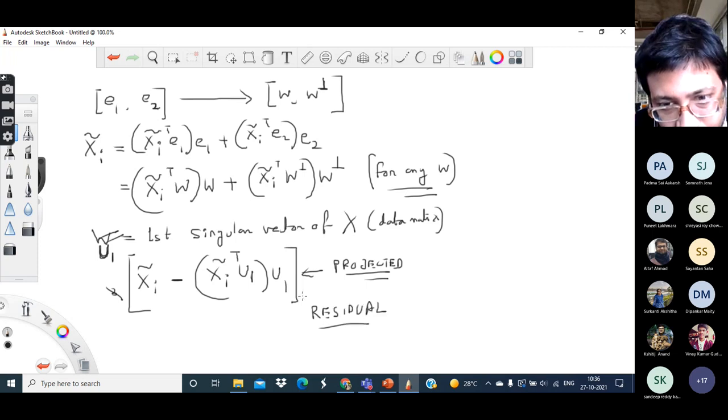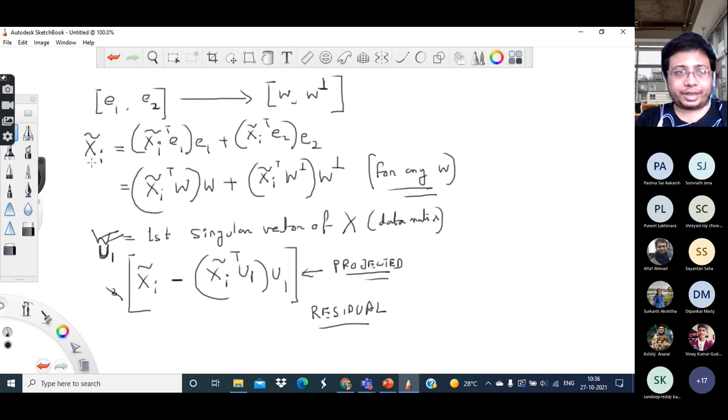But what is the residual then? I have this expression which says the xi tilde, the original vector, can be decomposed in this way.